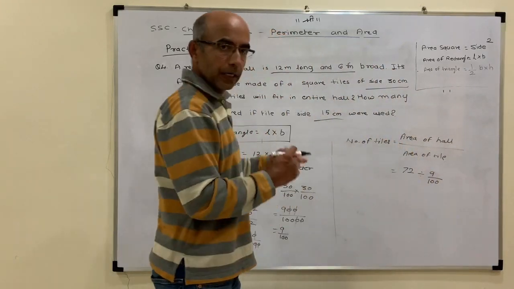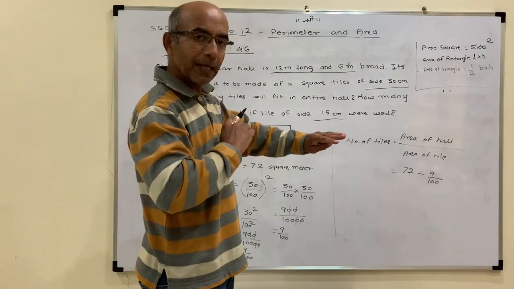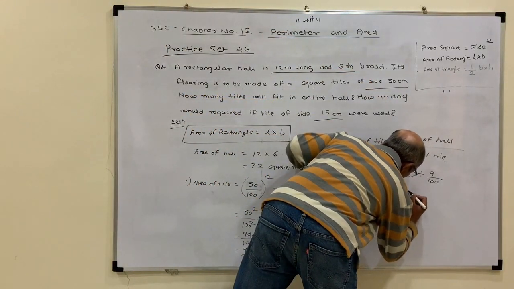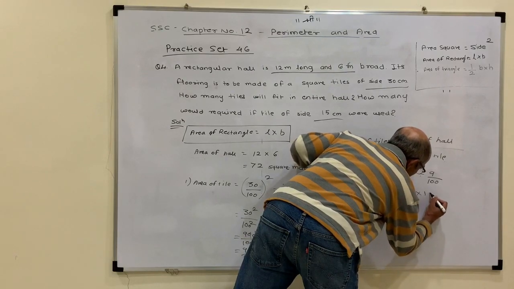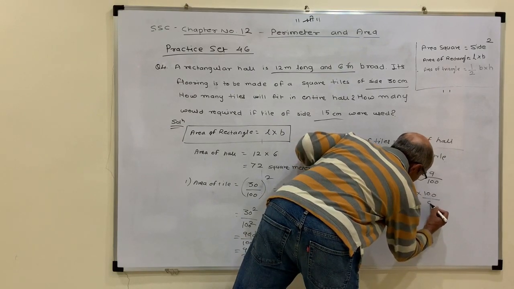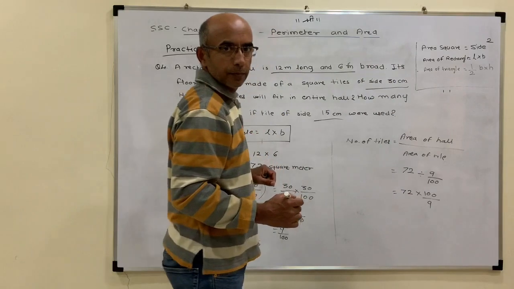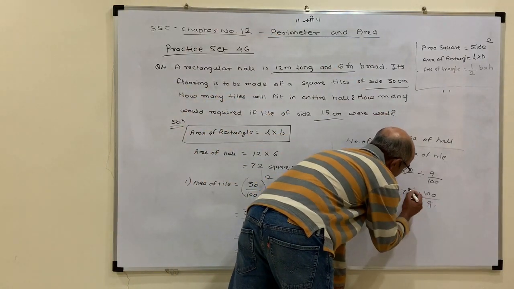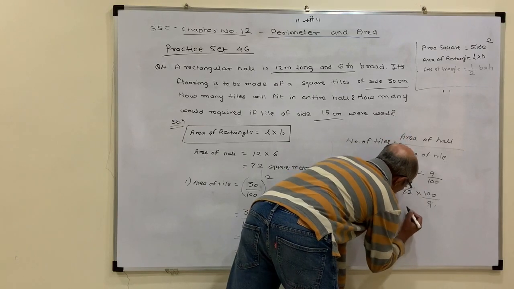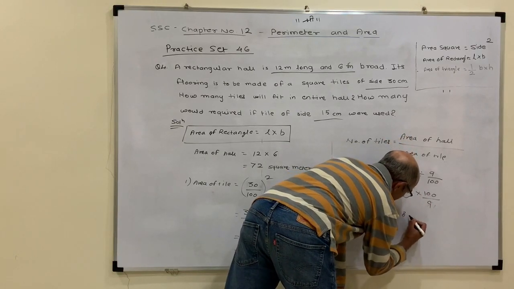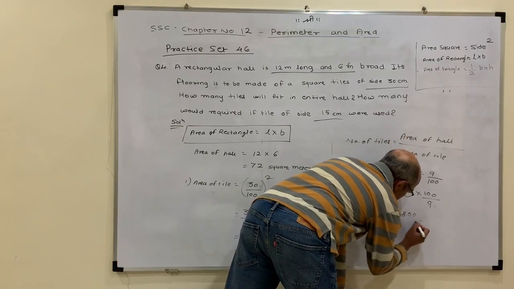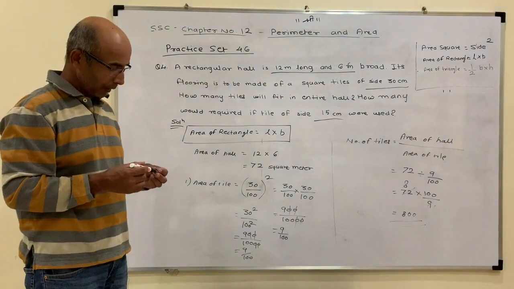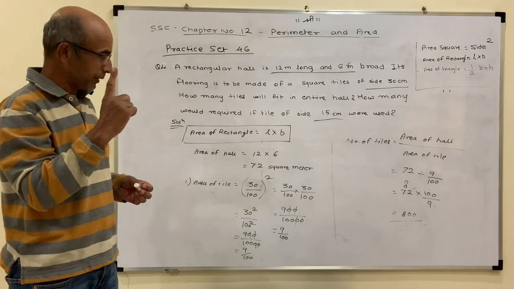Now division is multiplication by the inverse. So I say 72 into 100 divided by 9. 9 eights are 72, so 8 into 100, 800 such tiles will fit in the hall for the first part of the question.